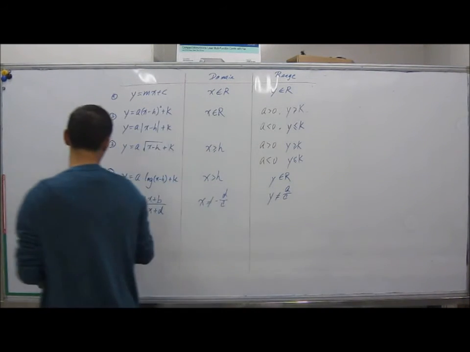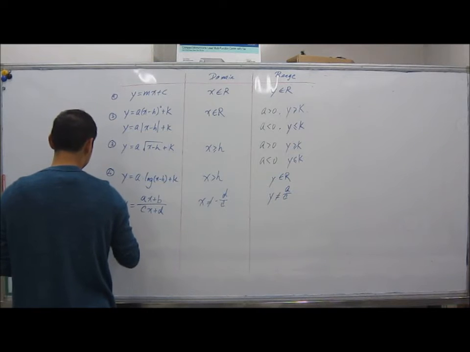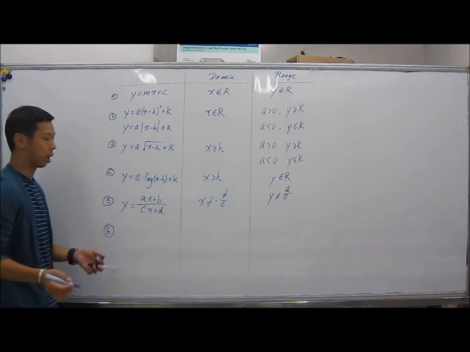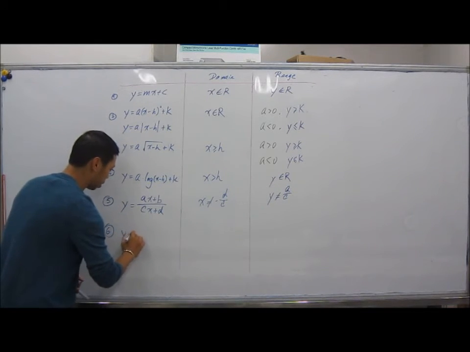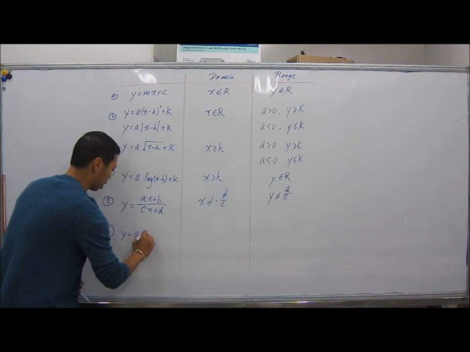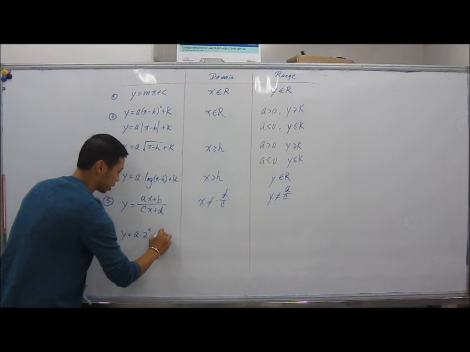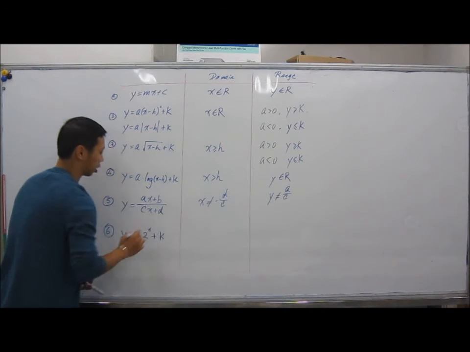And for number 6, we say y equals a times maybe 2 to the power x, plus k.